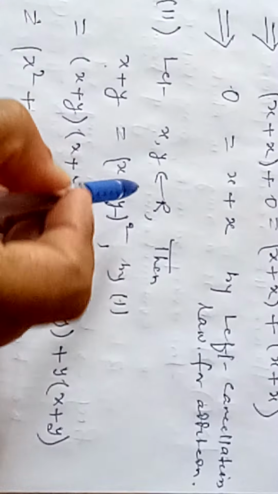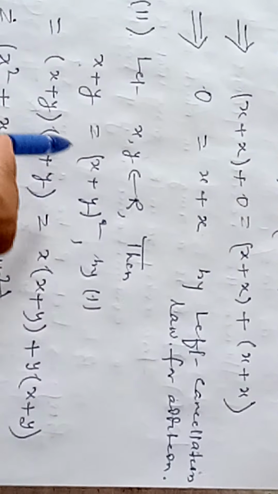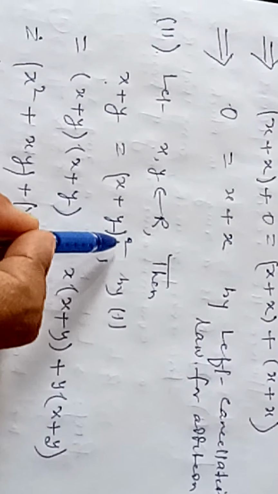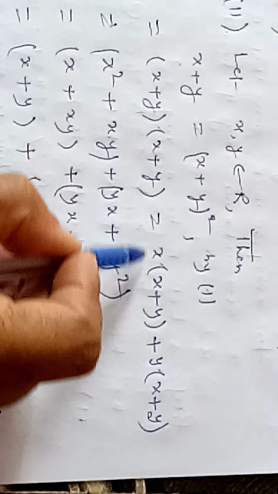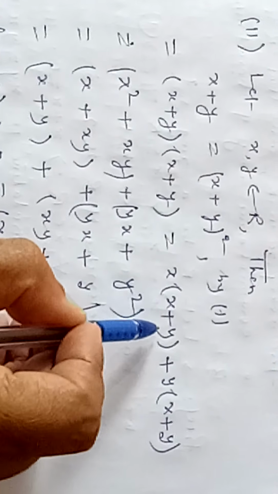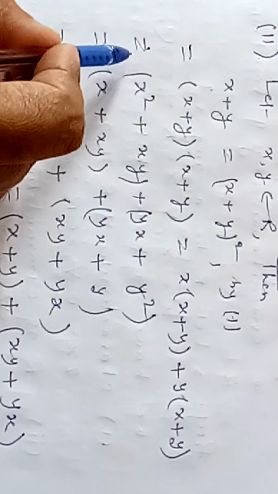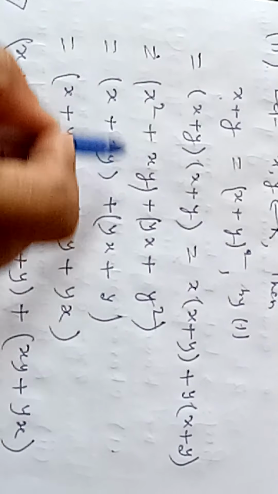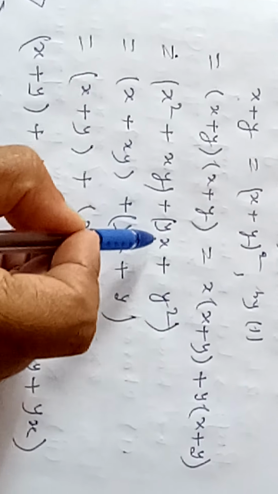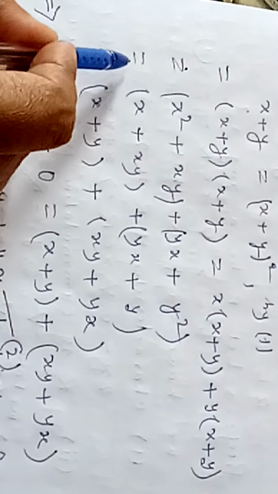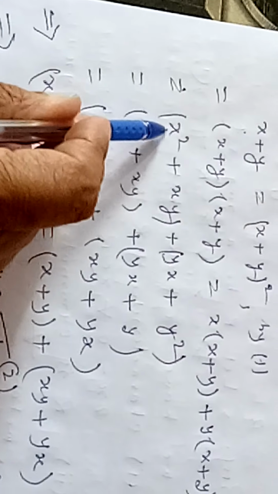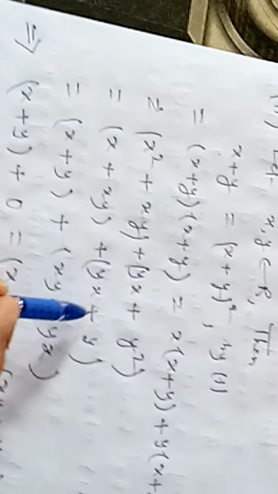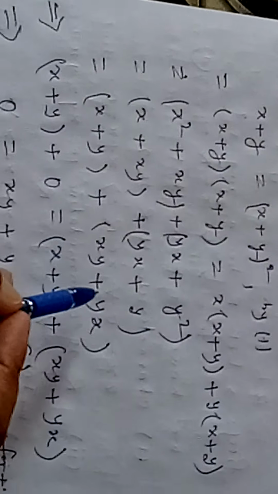And number 2, let x, y belong to R. Then (x plus y) is equal to (x plus y) whole squared by 1. This implies (x plus y)·(x plus y), and as before, simply multiply, you get x squared plus xy plus yx plus y squared, and apply condition 1, the given condition in the question, x squared is equal to x, xy, yx, y squared is y, and this is x plus y plus xy plus yx.